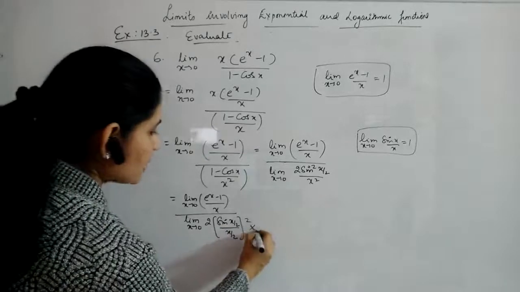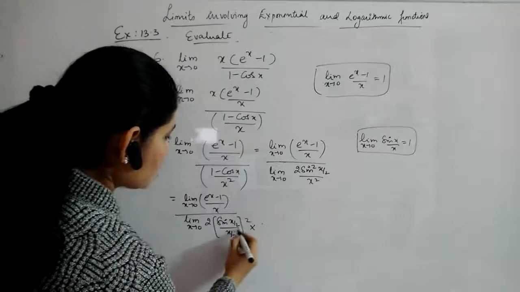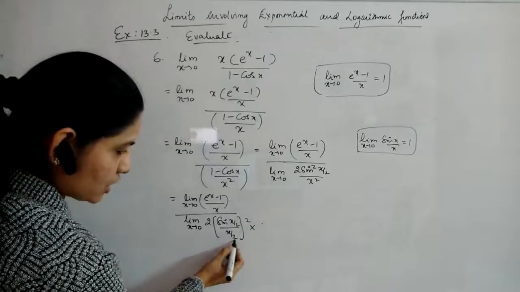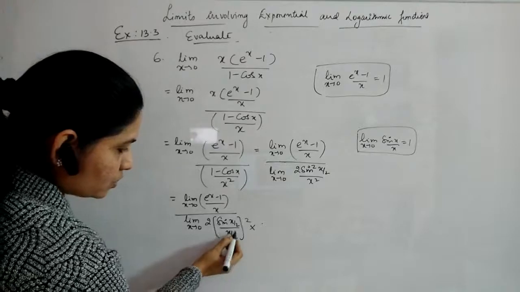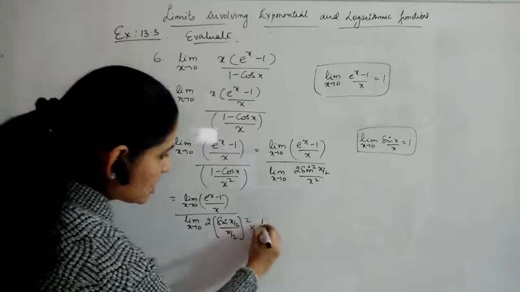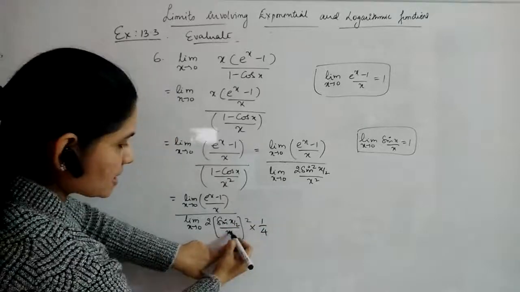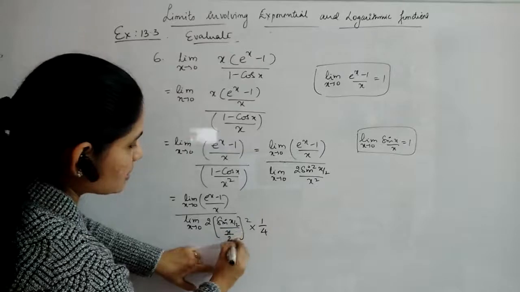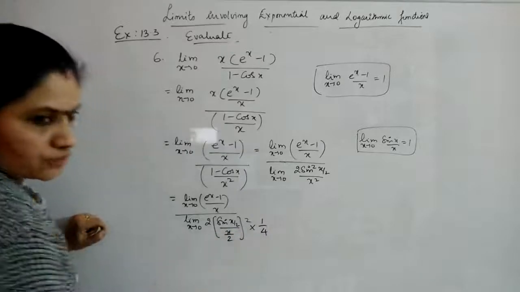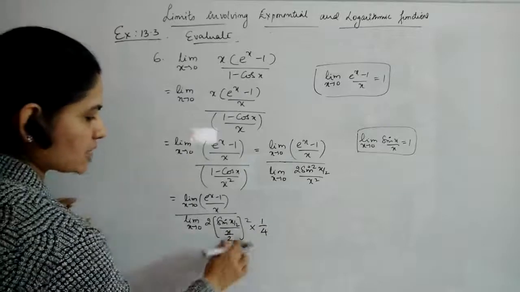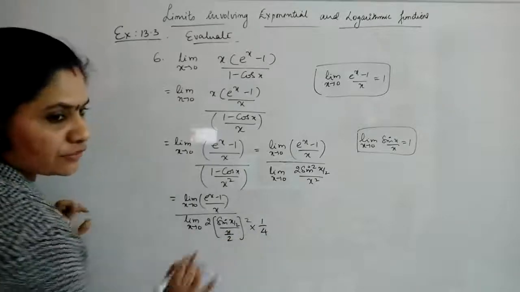So we have to multiply here with 4. You just see x by 2. Here it is into 2, that means you have to multiply with 4. 4 by 2 square, which is 4. So no change we have done. We have just multiplied and divided here with 4.